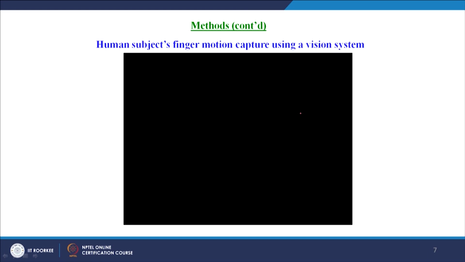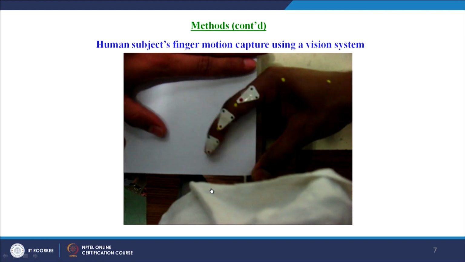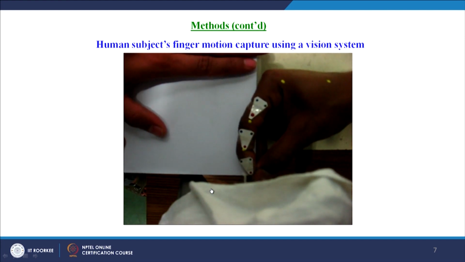And now coming to the methods, which is about tracking the human finger. As you can see, the markers are placed on the human finger in such a way that on the lateral surfaces of these 3 phalanges, 3 markers in the form of a triangle are placed on the finger phalanges.